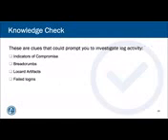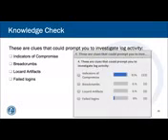Next question. Which of these are clues that could prompt you to investigate log activity? Indicators of compromise, breadcrumbs, low-card artifacts, or failed login. Okay, looks like we have a little bit of a competition between A and D. Got some breadcrumbs.